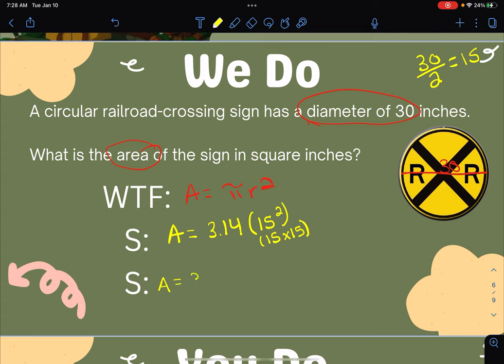So you have A equals 3.14 times what 15 times 15 is. So what is that? 1 times 5, 1 times 1.